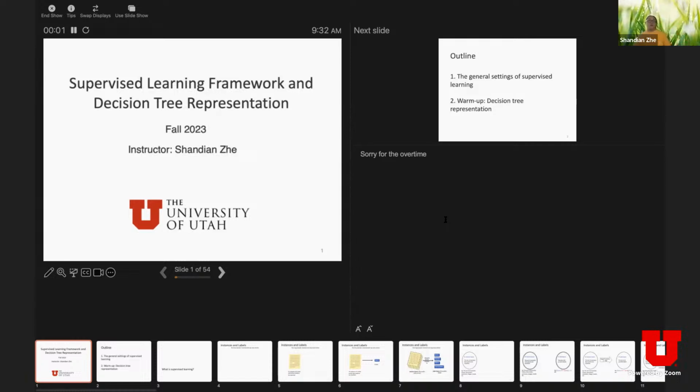Right. So now let us give a little bit formal definition. So to conduct supervised learning, we're gonna first define two spaces. First is called instance space. Instance space is a set of examples that need to be classified.